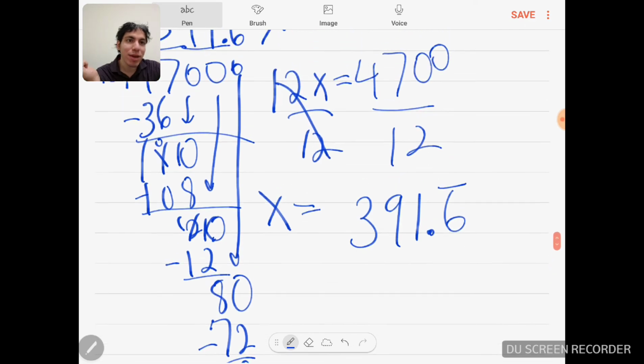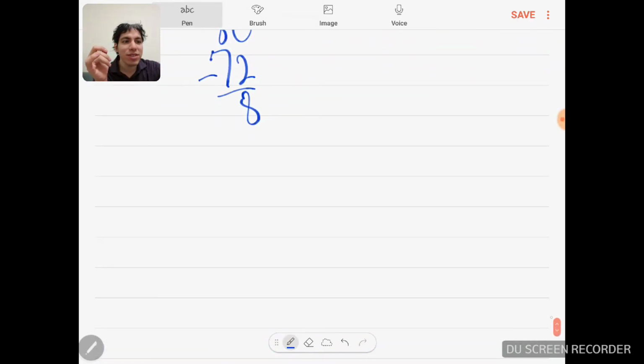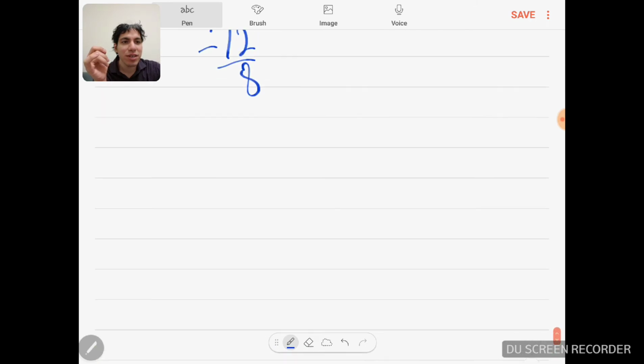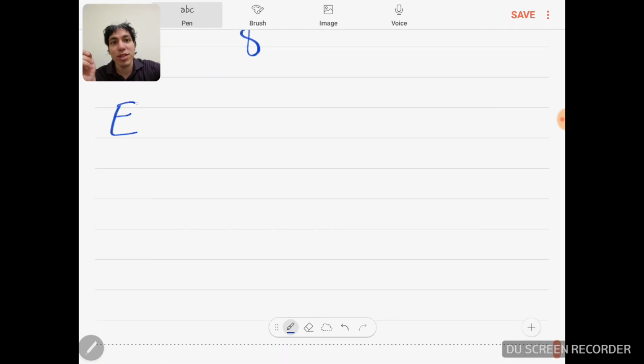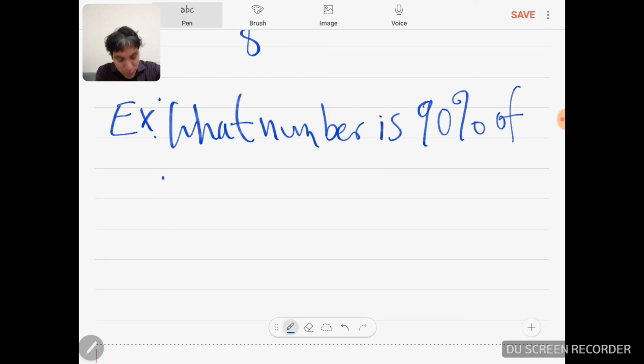Now, granted, the methods are the same, but that one was kind of hard to figure out. Let's have a different problem, but we'll use this new method here. Let's say I had, what number is 90% of 45?